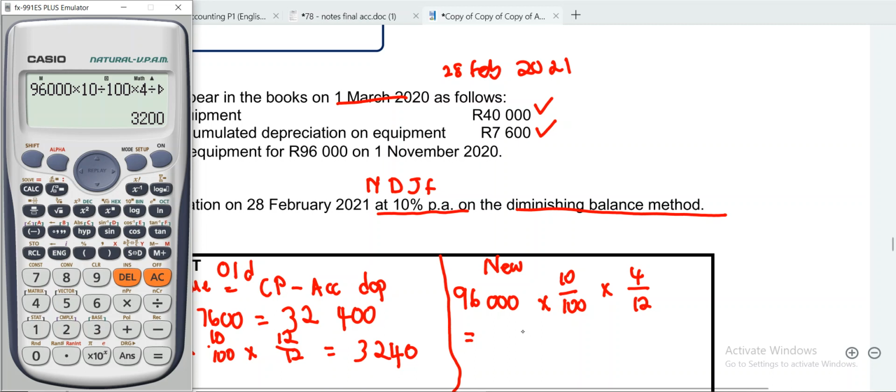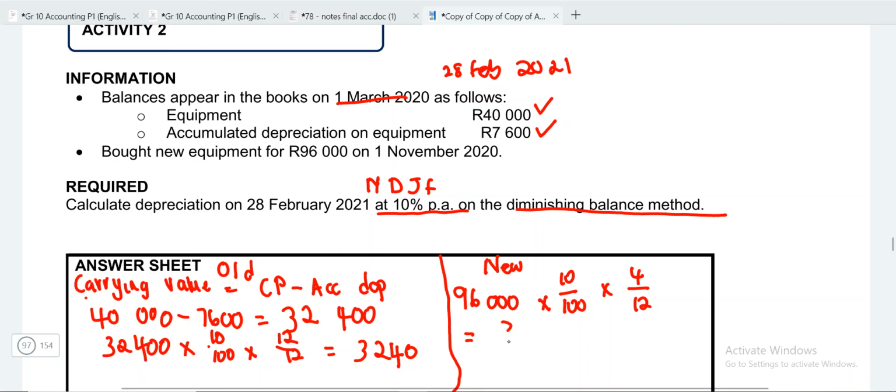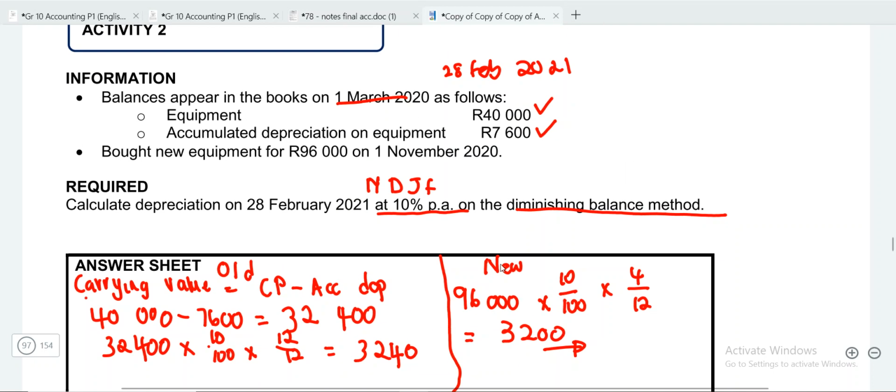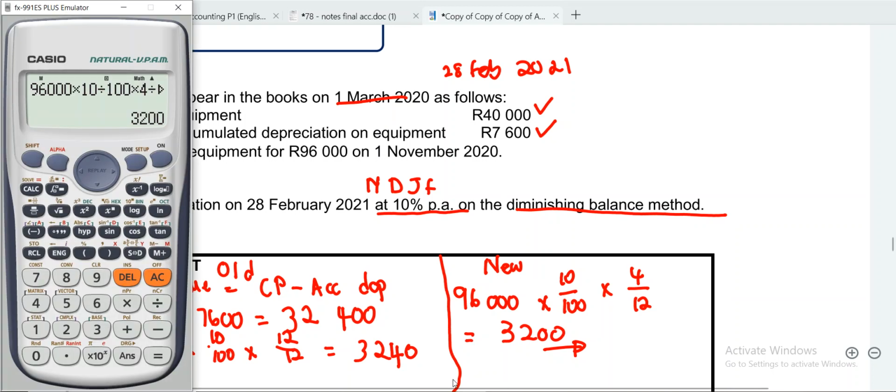So the depreciation for this new equipment was 3,200. When you go to your income statement, assuming that this is the only asset that you have, the depreciation for the year will be the sum of 3,240 plus 3,200. And this is, guys, how you do depreciation using the diminishing balance method.